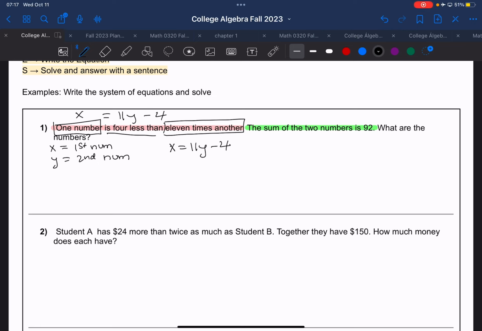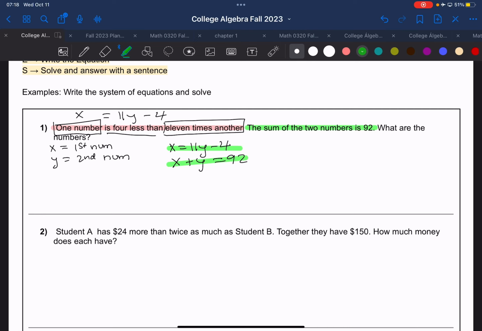How would this second equation look like? The sum of two numbers is 92. Good, X plus Y, because we don't know the numbers, so these are our numbers here. The sum of them is 92. So we have these two equations here.